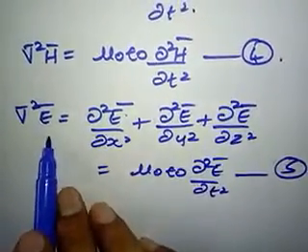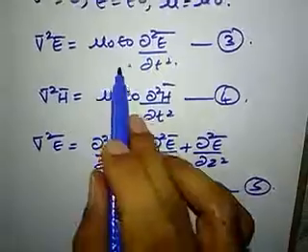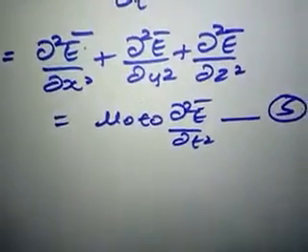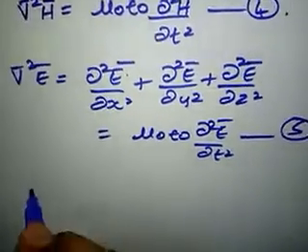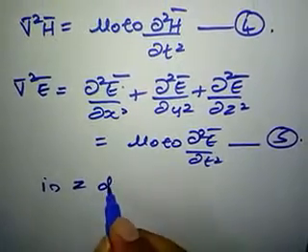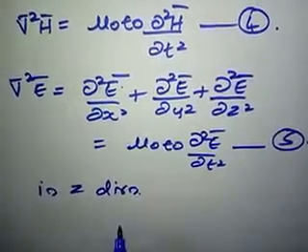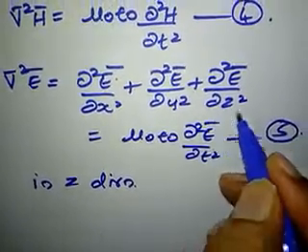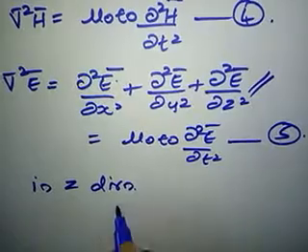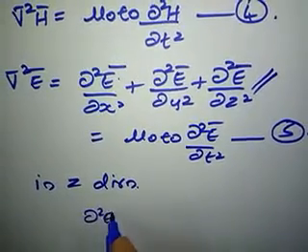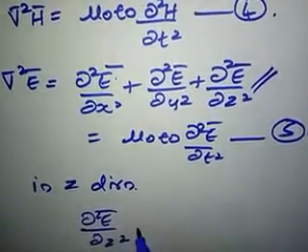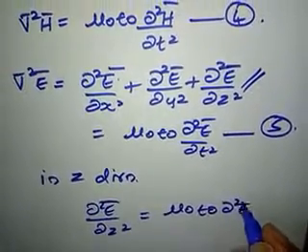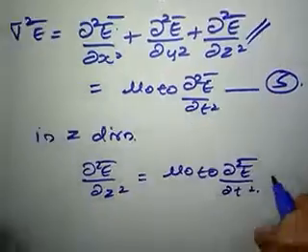But as we know the wave is traveling only in the z direction, it is dependent on z but not on x and y. So we have only the z component: dou square E bar by dou z square is equal to mu naught epsilon naught dou square E bar by dou t square.